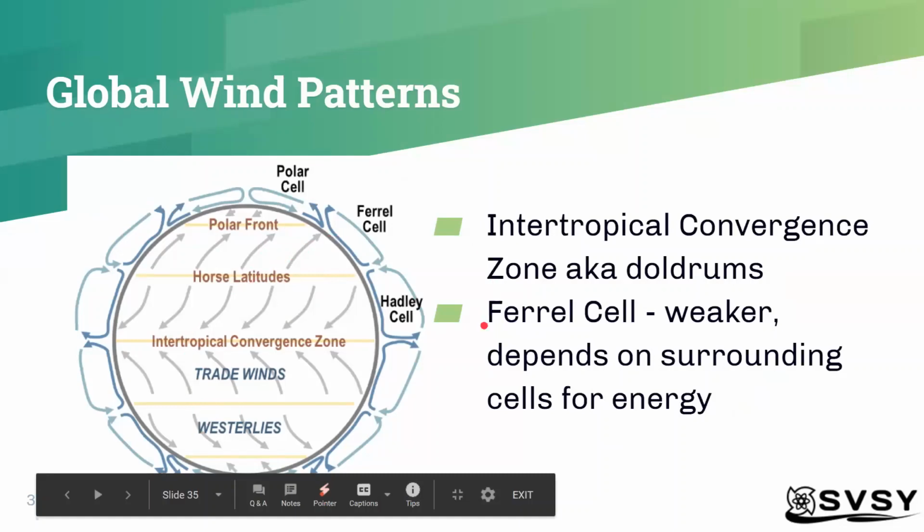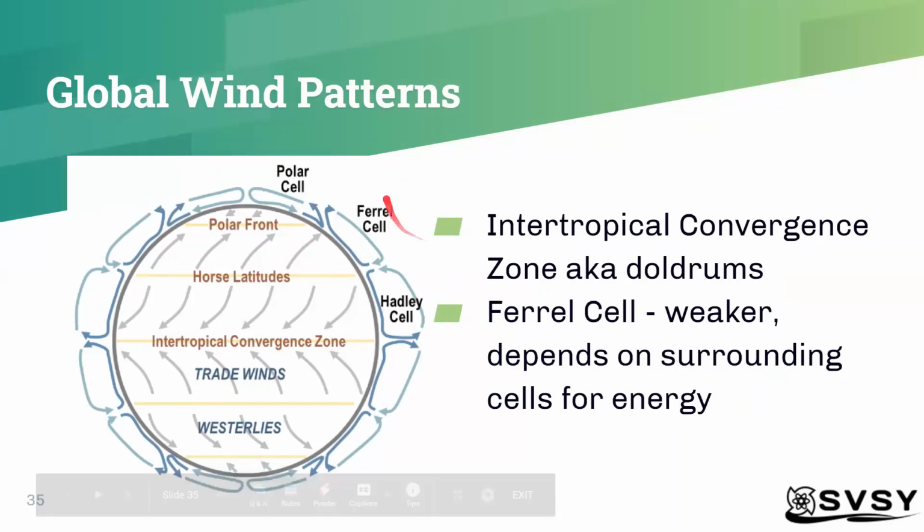And there are three main cells. They're convection cells, and they drive the wind movement. The Hadley cell is from the heating of the equator. The warmer air near the equator rises and then falls back, cools, and sinks down, and that is one convection cell.